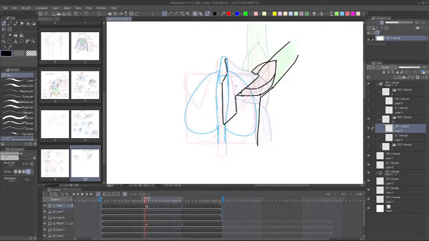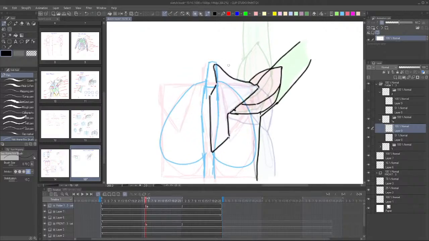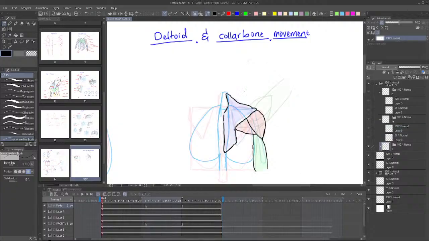So it kind of moves to the front. The bone moves towards the front before reaching the top.